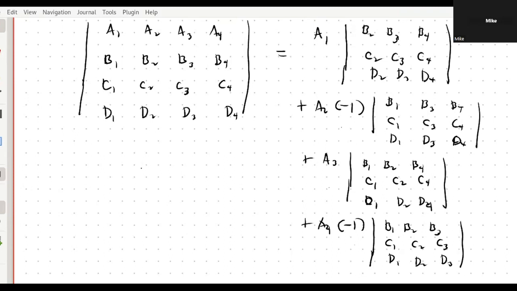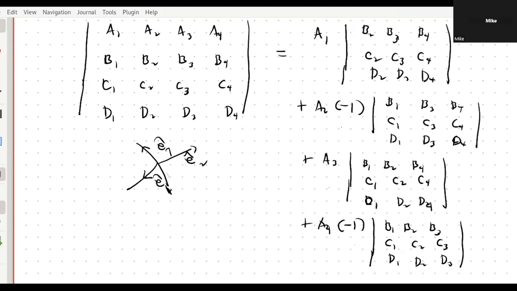kung gusto mo mag ibang coordinate system, what you do is you express, so for example, meron kang ibang coordinate system. Halimbawa lang. So ang ginagawa niyan, may unit vectors, e hat 1, e hat 2, tapos e hat 3. Gusto natin na counter na yung directions.